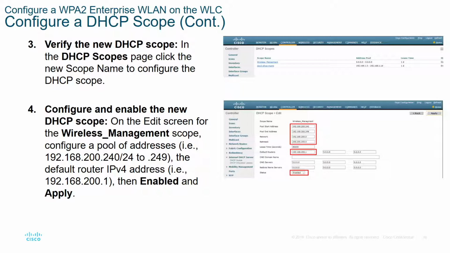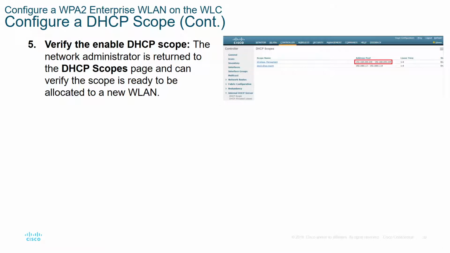Configure and enable the new DHCP scope. On the edit menu for the wireless_management scope, configure a pool of addresses, i.e. 192.168.200.1 to 192.168.200.249. Set the default router IPv4 address, i.e. 192.168.200.1, then enable and apply.